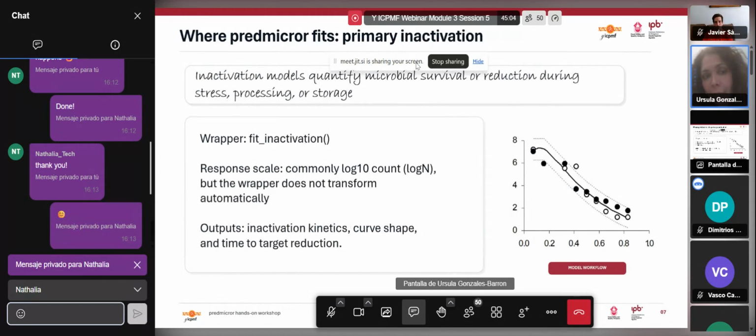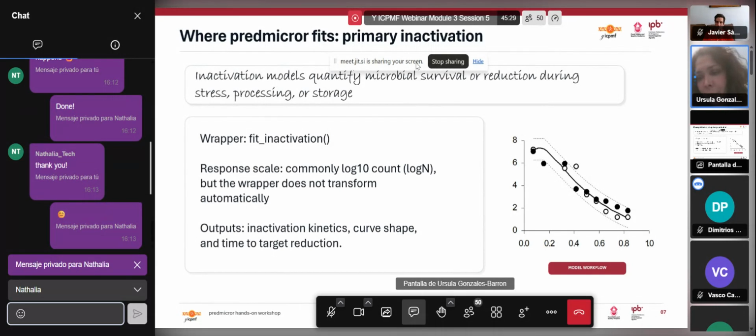For the inactivation models, they describe the decline in a microbial population, but you can represent both inactivation or survival during stressful conditions, processing, including heat treatment, or even storage, cold storage.